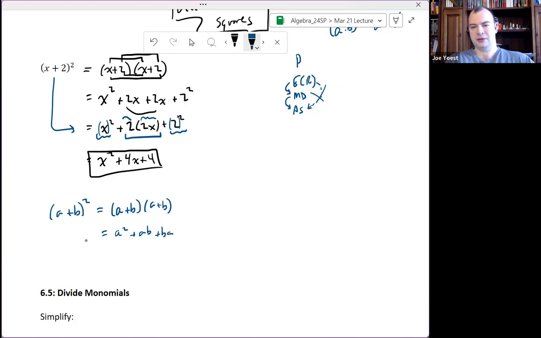Inside plus ba, which remember is the same as ab. And our last two give us b squared. So plus ab, and this is also ab, so plus another ab. So again, I see this pattern coming from a perfect square binomial.